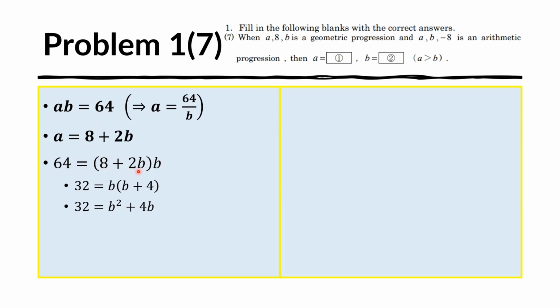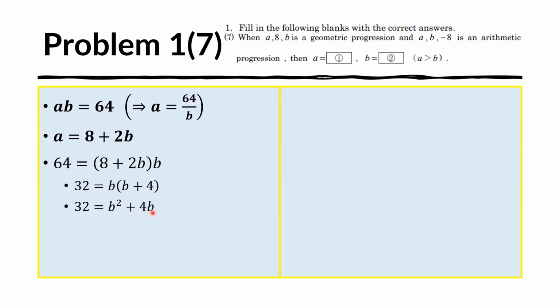And a is replaced with this one. So 8 plus 2b, and b is retained. Now let's continue by dividing both sides by 2. So this bit here becomes 32, and this bit becomes b times 2b divided by 2 is b, 4 divided by 2 is 4, and that becomes 32 equals b squared plus 4b.